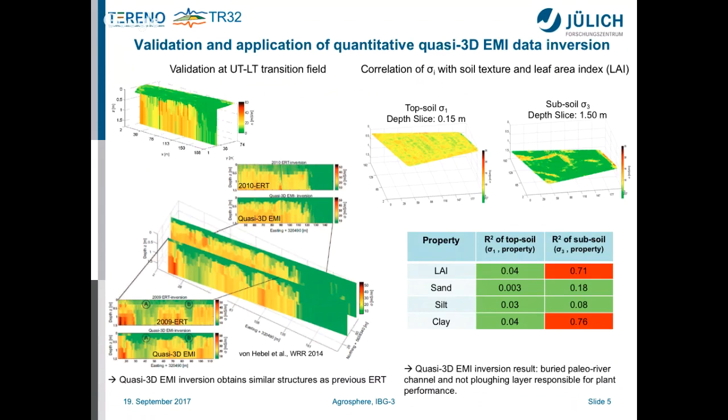And we see that in this particular case it's not the plowing layer that is responsible for crop performance, but it's actually the deep buried paleo river channel that delivers water and also nutrients to the crops, such that they show up with a large leaf area index above these paleo river channels, and they are thirsty or almost wilting beside these paleo river channels.